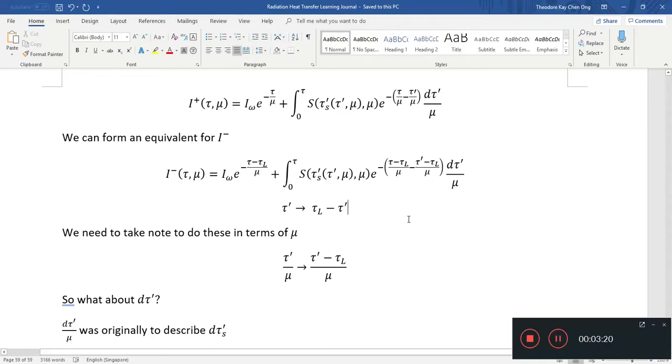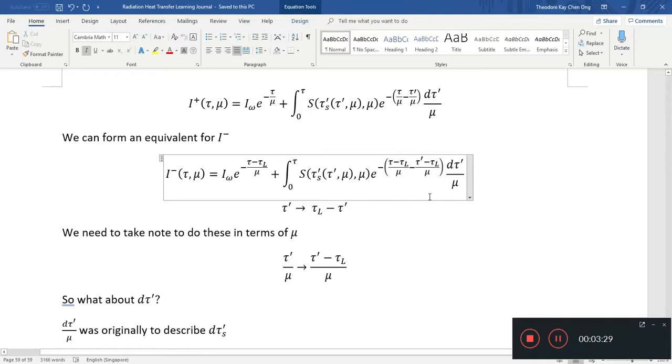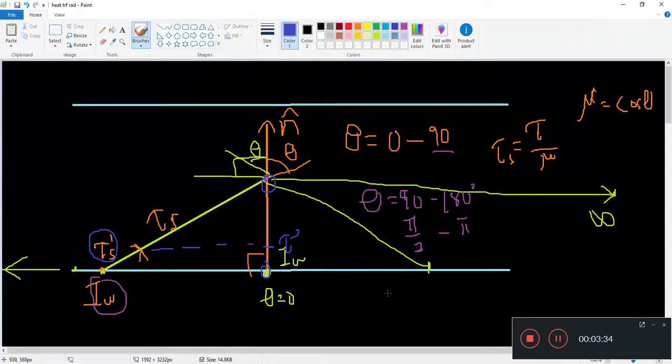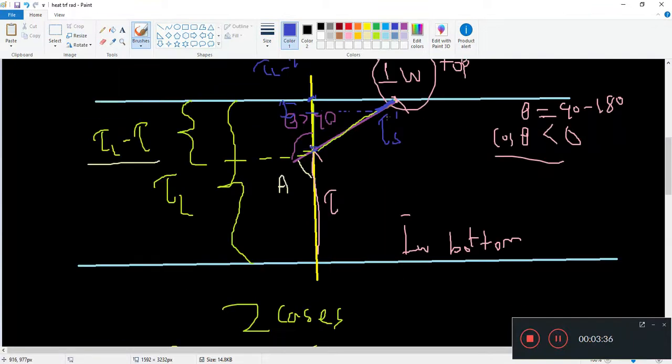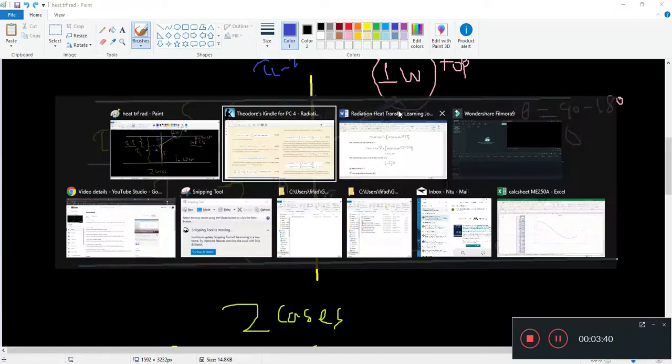Yeah, what this physically means, of course, over here, it is the exponential of the length. Okay, where is it? It is this length minus wherever.